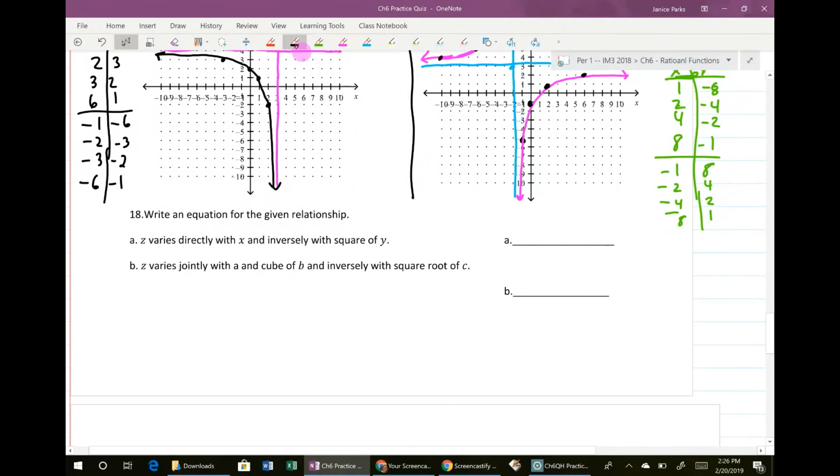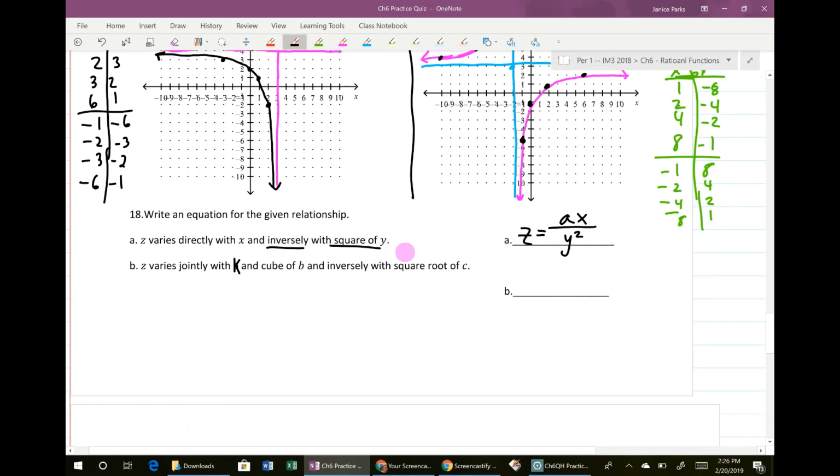Number 18. First, let me fix this. I should say k, not a right there. So you're just writing the equation. There's no numbers at all. So z varies directly with x and inversely with the square of y. Inversely means you're going to have to put that in the bottom of the fraction.